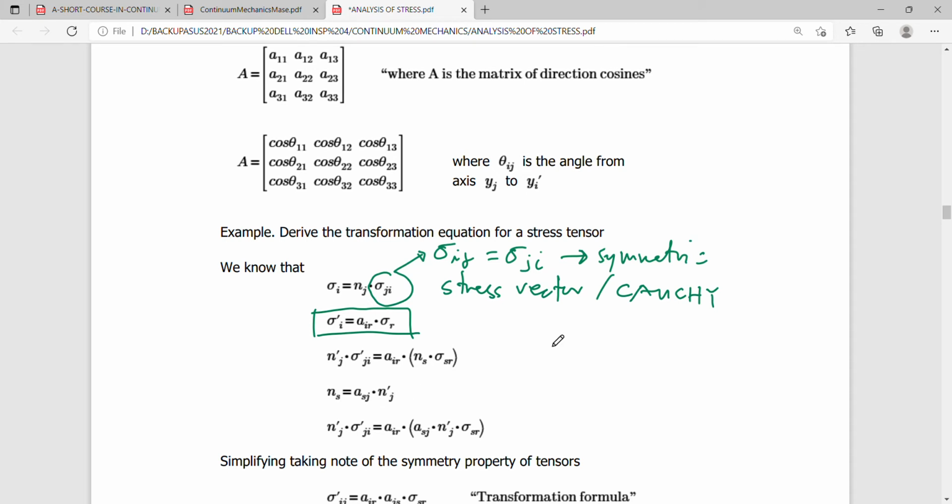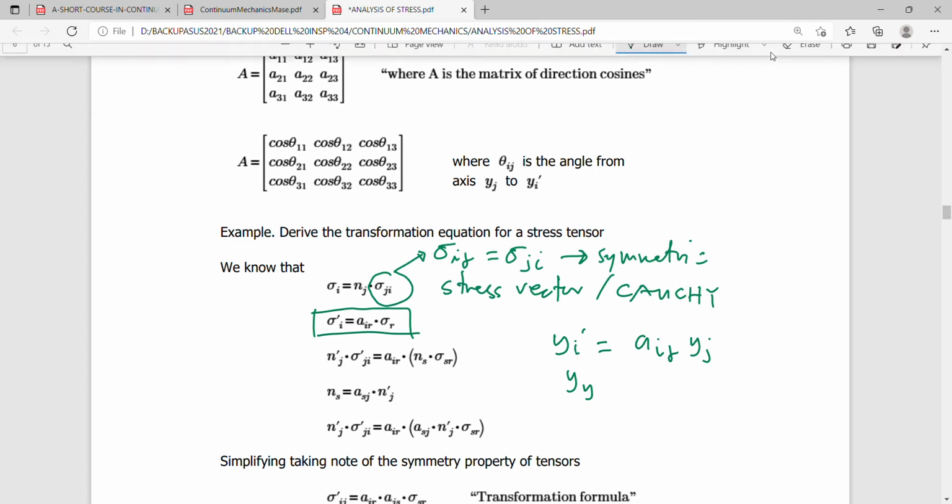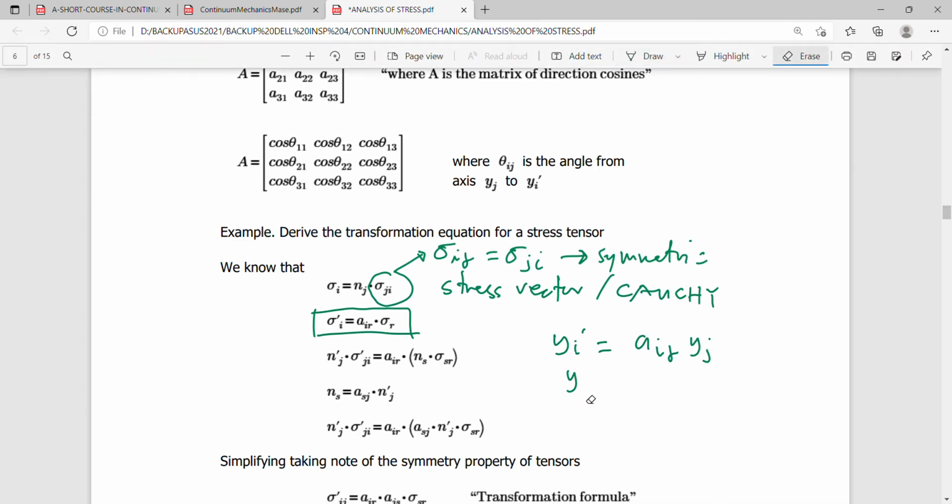Now if you can come up with a prime axis, let's say yi prime is equivalent to aij yj, we can also come up with a yj equivalent to Aji yi prime.